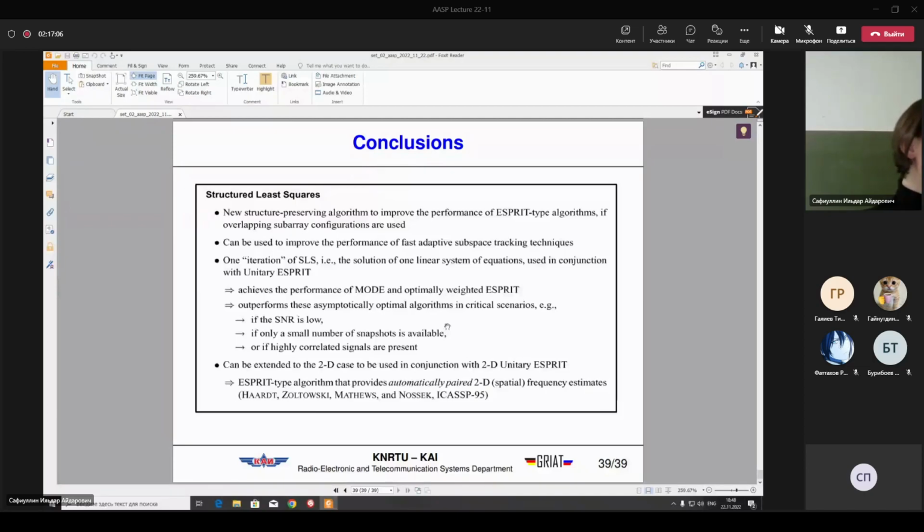And of course, from the first time, it is hard to understand how ESPRIT-type algorithms work, but I hope we will have something like homework, a practical thing, where we will try to use the ESPRIT algorithm for direction of arrival estimation, and maybe compare it with standard ESPRIT, unitary ESPRIT, and maybe with the MVDR algorithm.